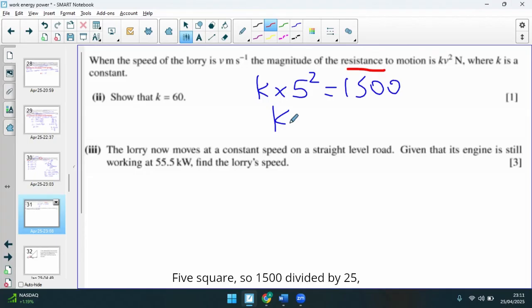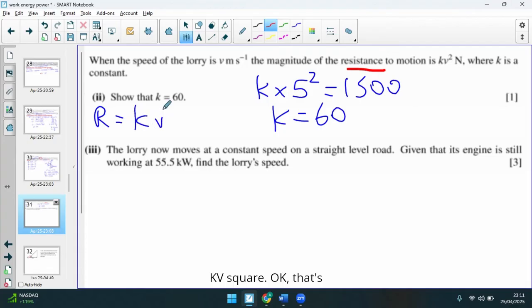What they're basically saying is your resistance is equal to kV square. Resistance is kV square, right? So R equals kV square. From the question, we had R 1500 and V 5 substituted in, K equals 60.